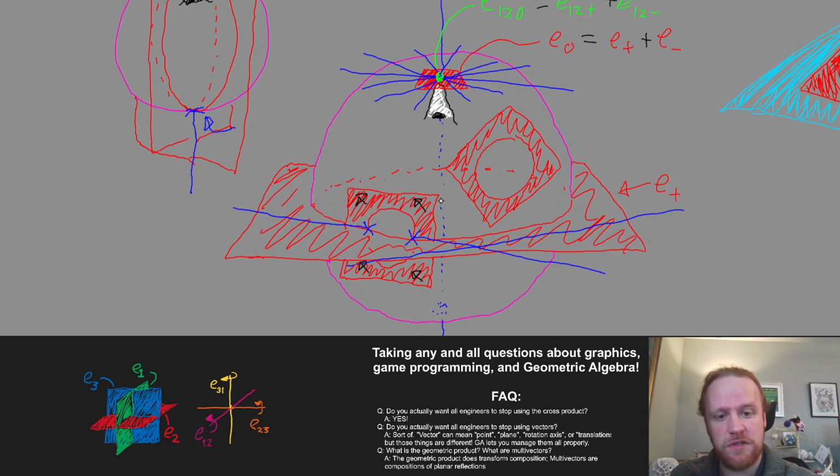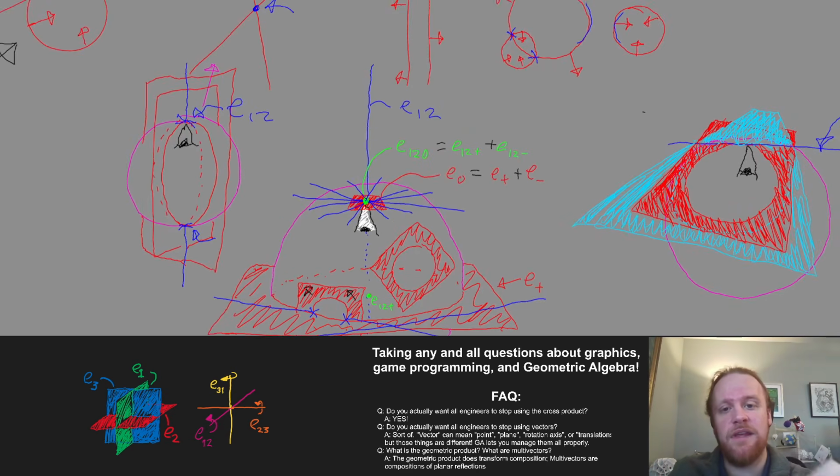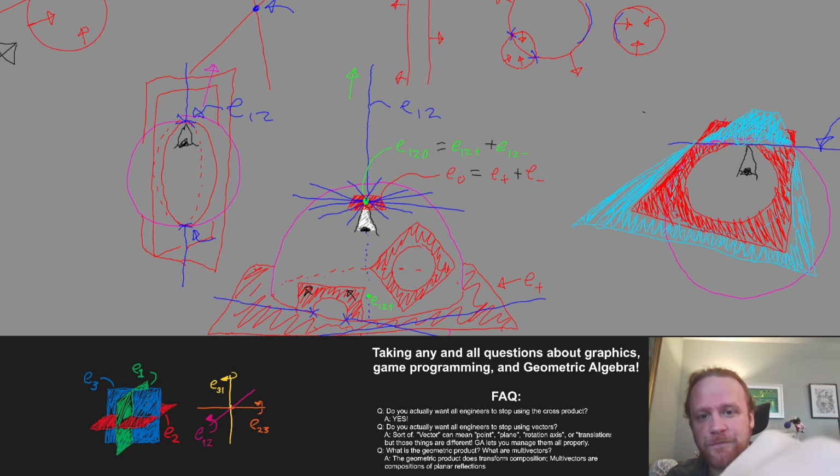And E12 plus is here. Should have been able to work that out. E12 minus is up there. It's a point that's infinitely far away in hyperbolic space, and so this point is directly in between. If you go infinitely far up in that direction, you get to that point, and that point is E12 minus. We haven't really properly talked about the minuses yet.